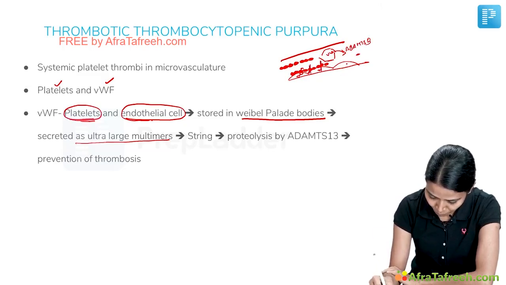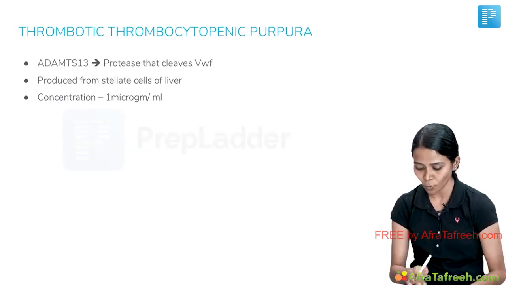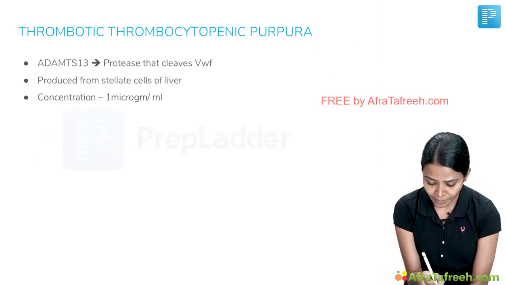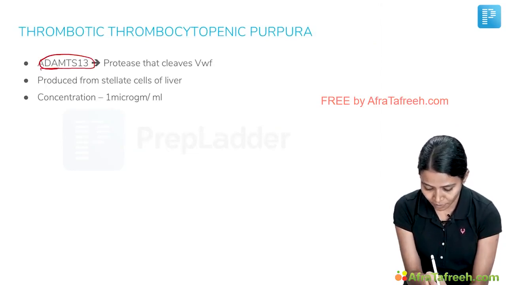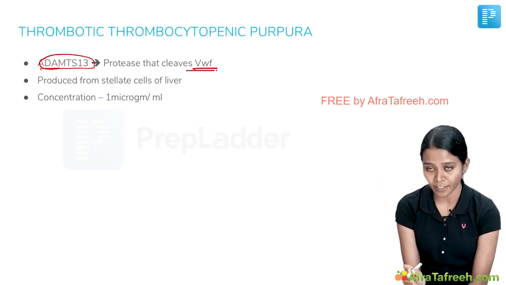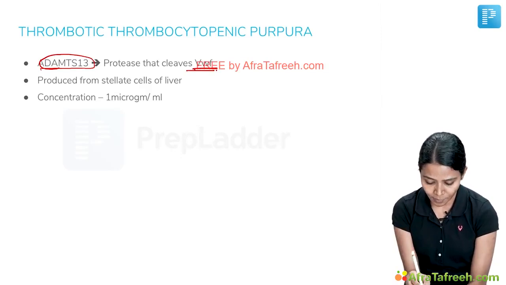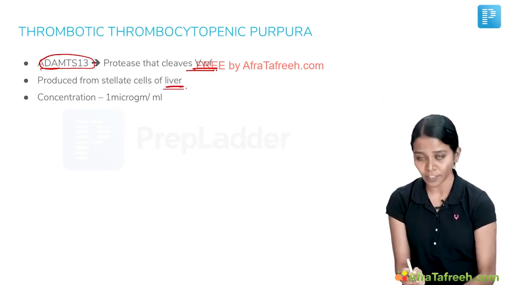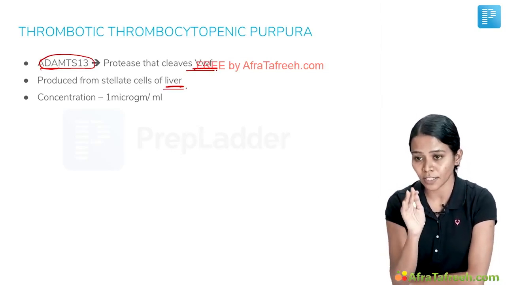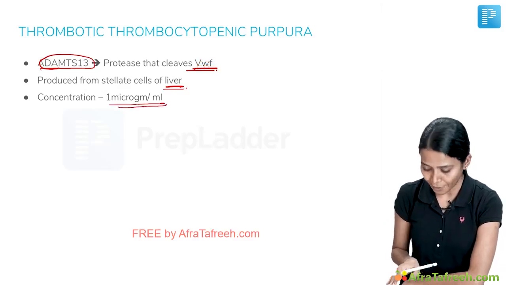Okay, so it is going to cleave von Willebrand factor and prevent thrombosis. So, what is going to happen when there is deficiency of ADAMTS13, the protease that cleaves von Willebrand factor? There is going to be thrombosis. Okay. Now, ADAMTS13 is produced from the liver and its normal concentration in the body is approximately 1 microgram per ml.